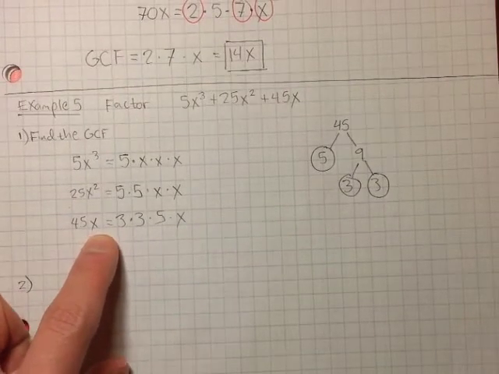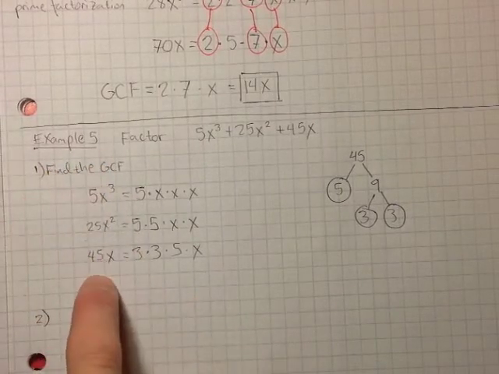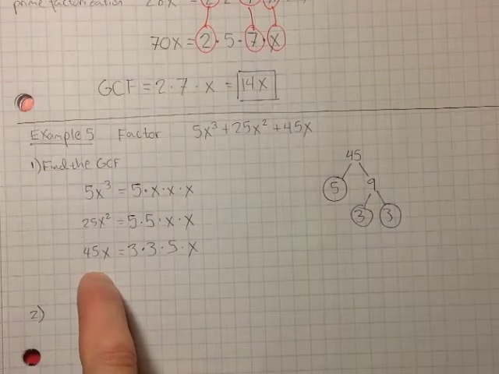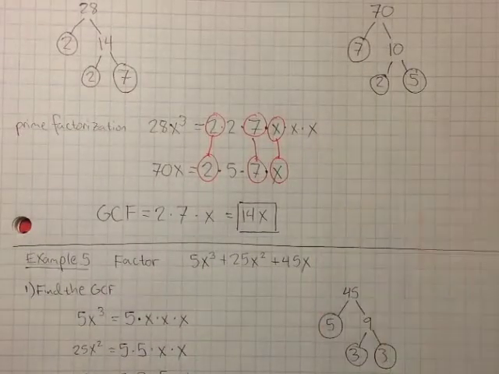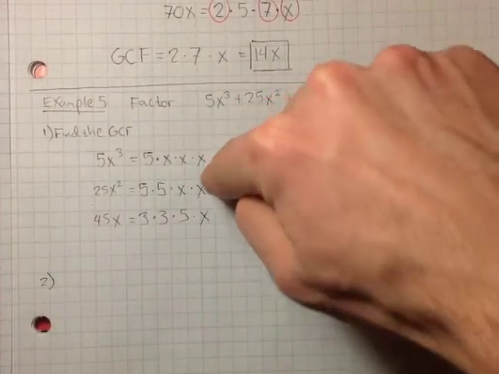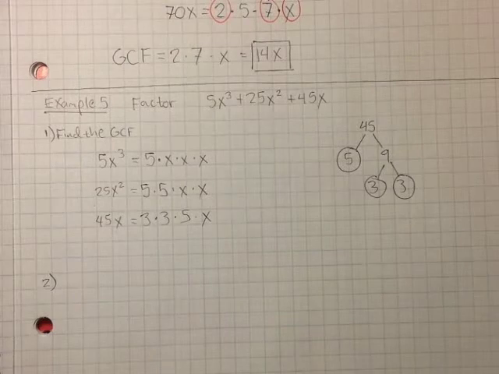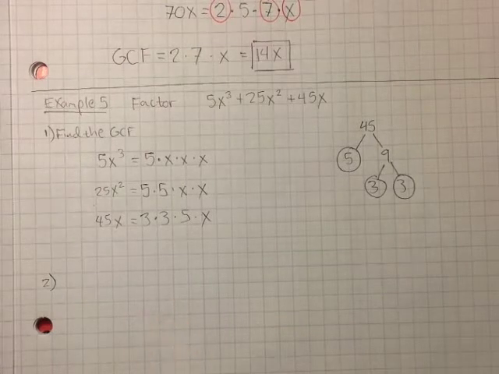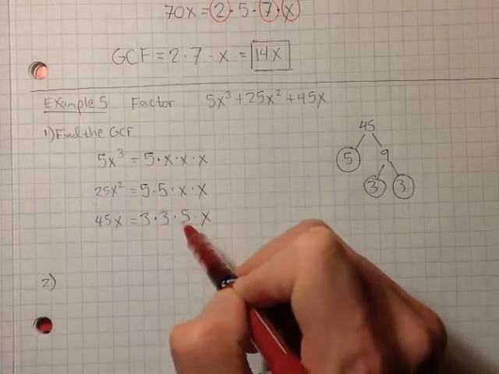Now, the first step here, again, is to find the GCF of those three terms. So we're going to do exactly what we did up here, except this time, we need to find what is common among all three of these prime factorizations. What appears in all three of them? Well, first thing I can see is that a 5 appears in all three of them.